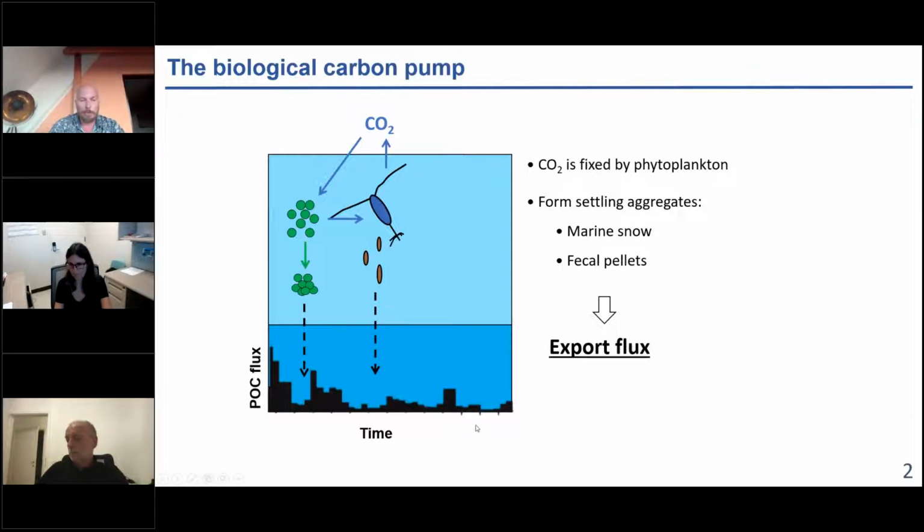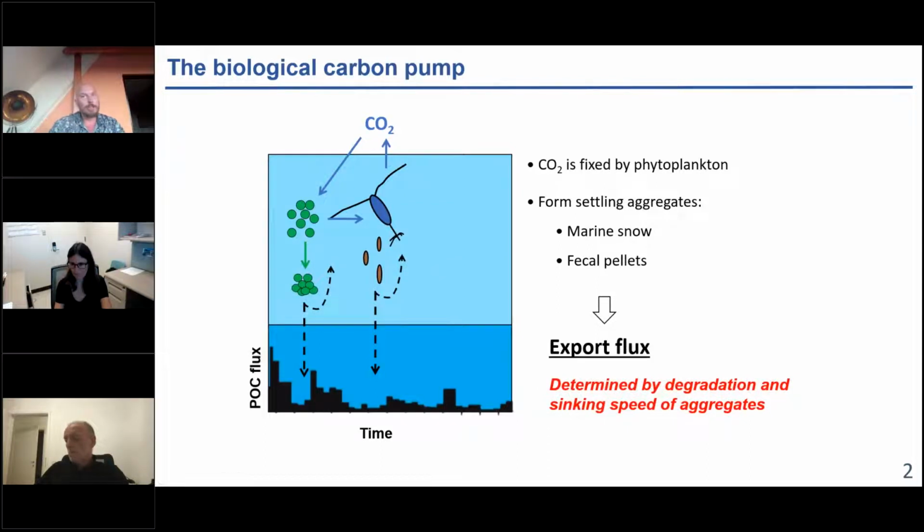Here I have plotted it over time. This is a real time series from Cape Blanc, 30 years, where you can see we have some peaks and some valleys. What we're trying to figure out is what is causing these peaks in carbon flux and what is causing the periods with low carbon flux.